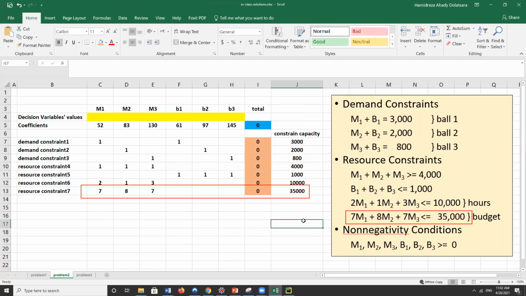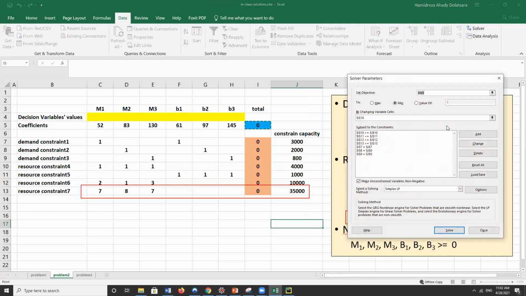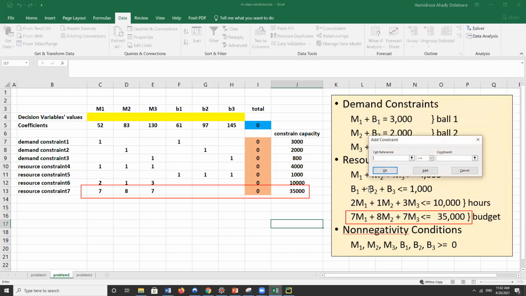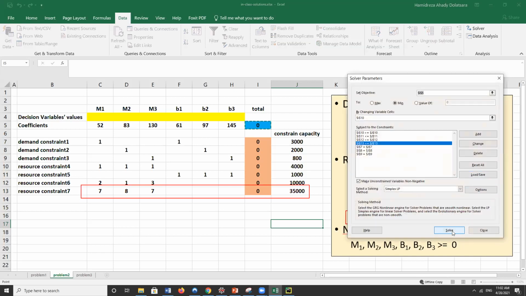The orange cell has the formula of the left side of the equation. The right side is that 35,000. Through Excel Solver, we just say the left side is less or equal to the right side. Each time you add a new equation by putting the left and right side, less equal or greater, and that's it.